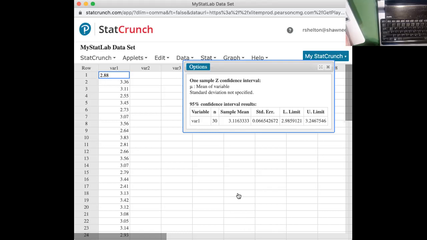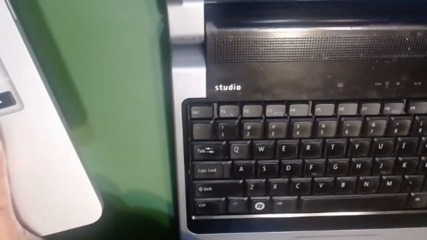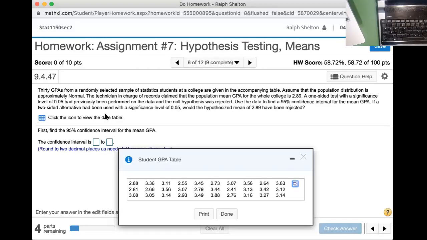Let's go back to the problem, and I'll see if I can reshare the problem. And it should be right here. Okay. Use the data to find a 95% confidence interval. We've done that. So it wants us to report it. How many decimals does it want? It wants 2 decimal places.